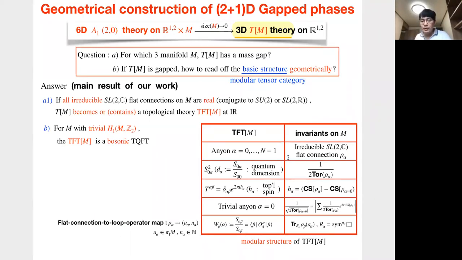So if we find some flat connection over the 3-manifold, then it will determine the contents of the anyons. If you compute the torsion and the Chern-Simons functional, then it can determine the quantum dimension of the anyon and the topological spin of this anyon.